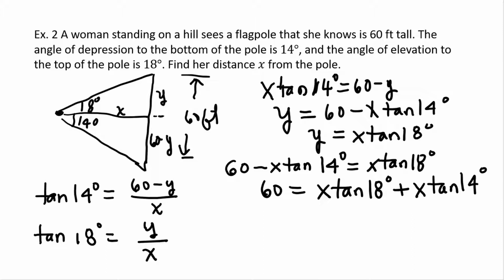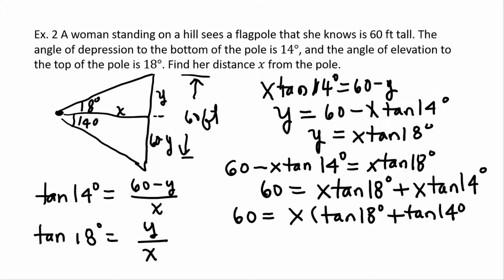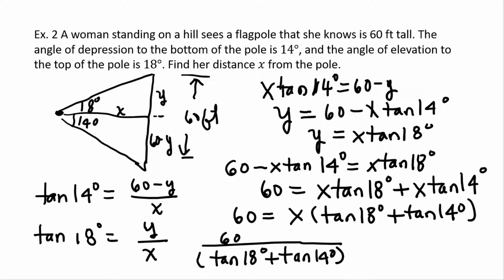Continuing to solve, if you factor out the x, we will end up with 60 equals x times the tangent of 18 degrees plus the tangent of 14 degrees, and the exact solution will be 60 divided by the quantity tangent of 18 degrees plus the tangent of 14 degrees equals x.